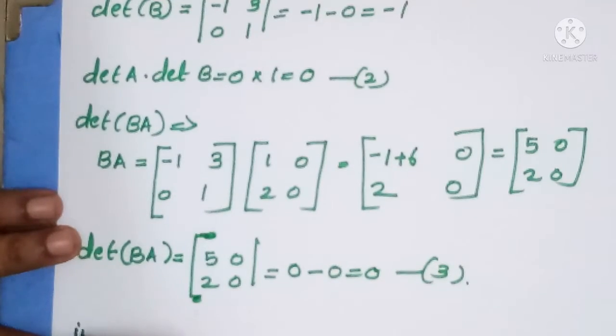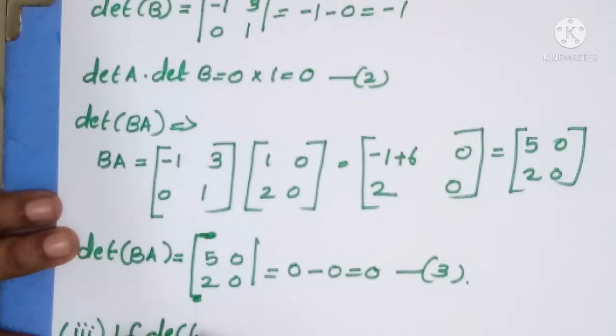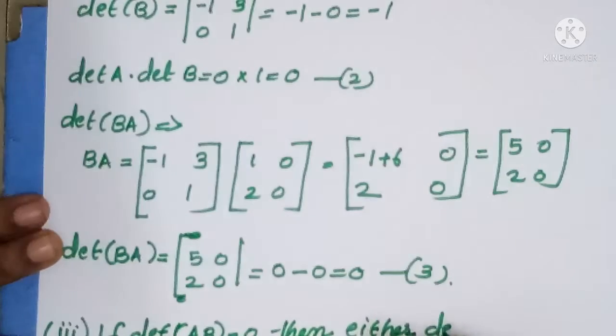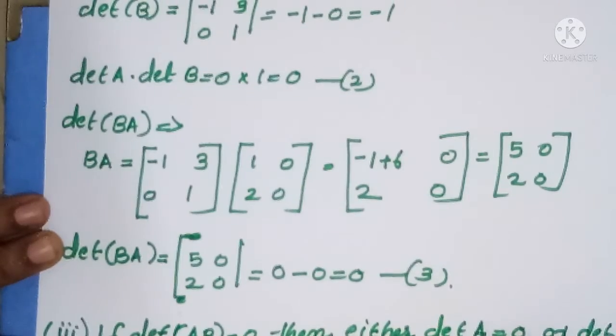Next, third note. If determinant of AB is equal to 0, then either det A is equal to 0 or det B is equal to 0.